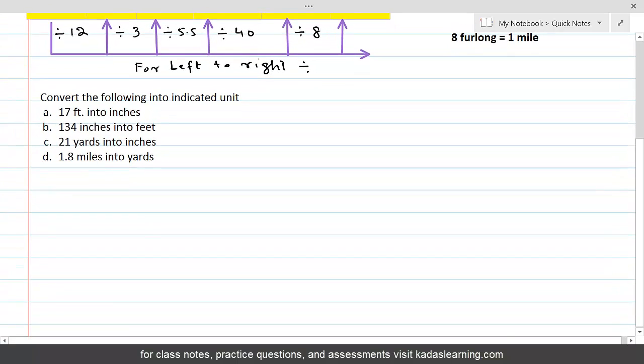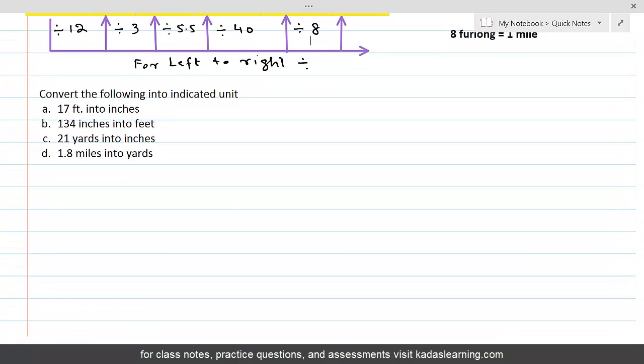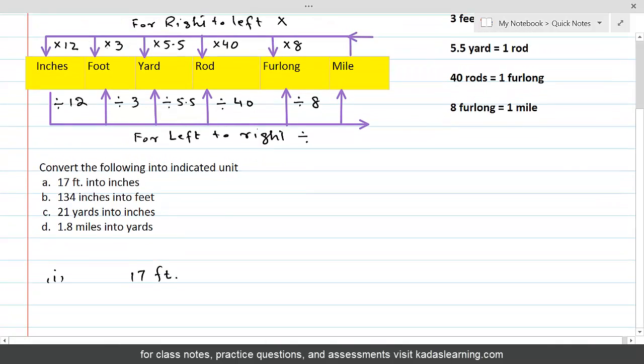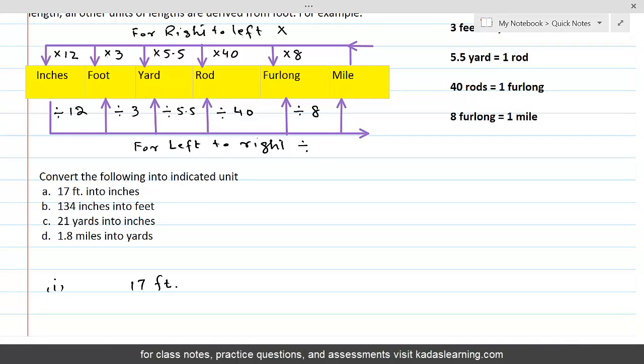The first question here is: convert the following into the indicated units. Let us convert 17 feet into inches. Identify in the table where feet are, and if we want to convert them into inches, the table says to multiply by 12.